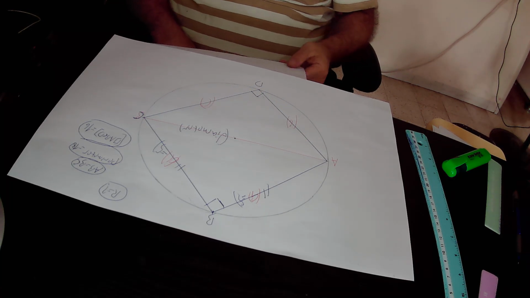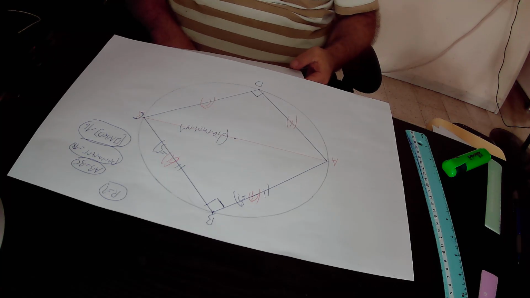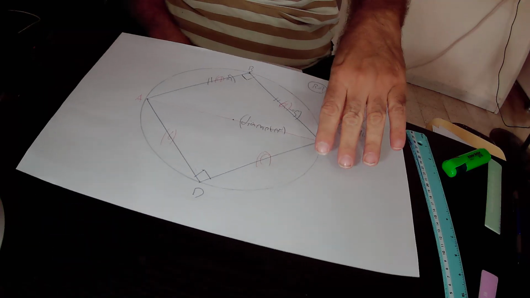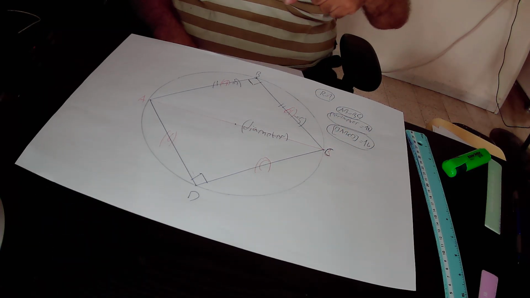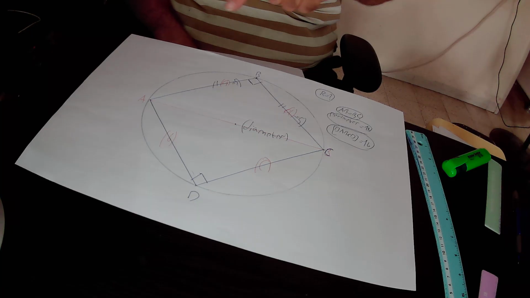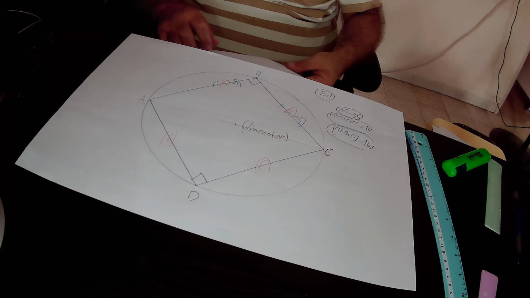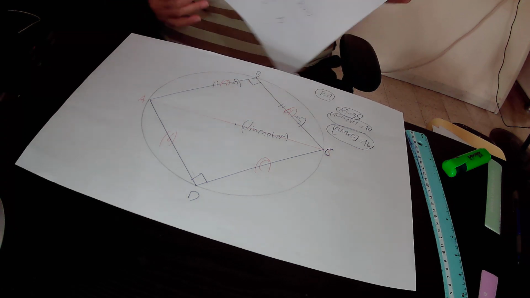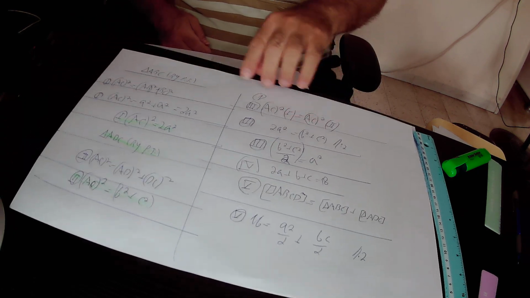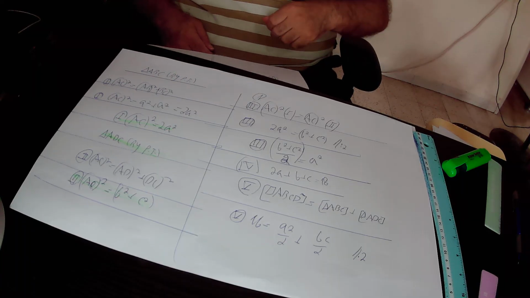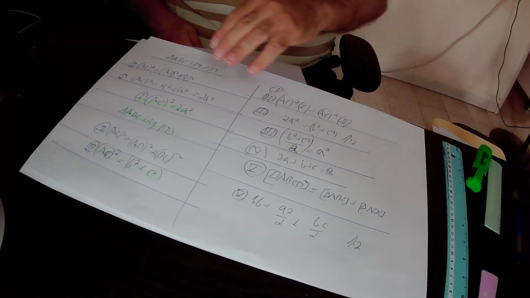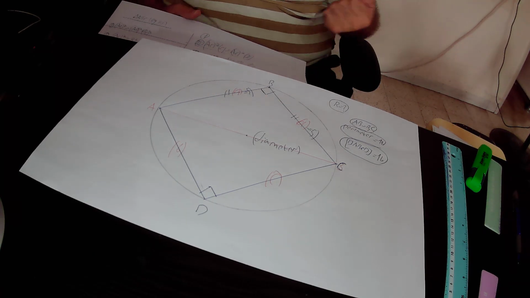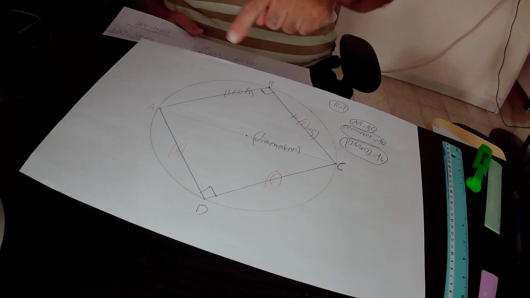According to the Pythagorean theorem, in any right triangle, the square of the hypotenuse equals the sum of the squares of the legs. So, in this right triangle ABC, it means that AC squared, that is the square of the hypotenuse, equals AB squared plus BC squared.